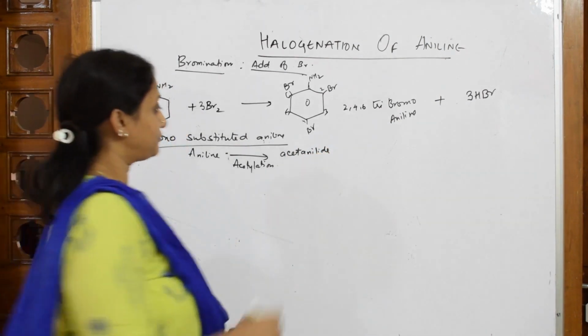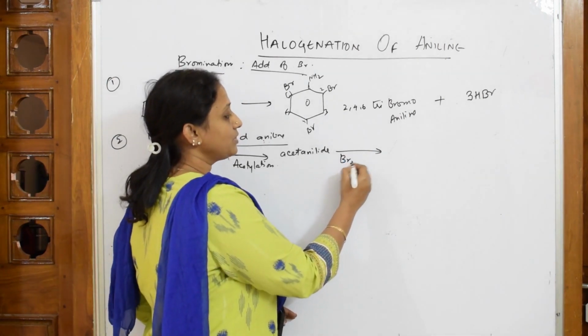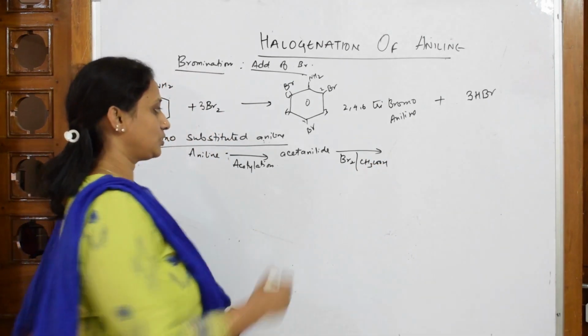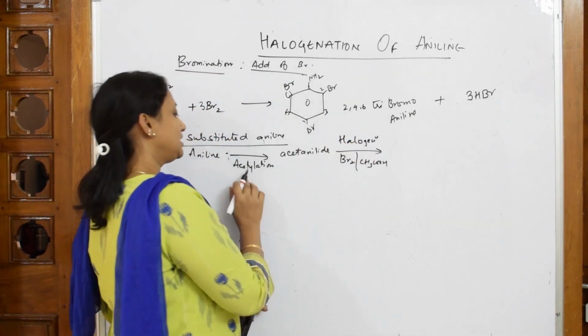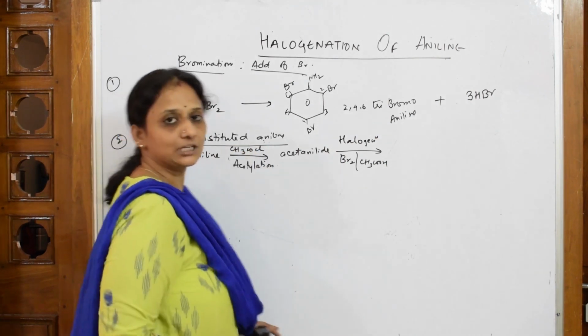This acetanilide, further you are going to allow it to undergo halogenation, that is bromine in the presence of acetic acid. I have to write halogenation here. Acetylation is addition of CH3COCl, the acetyl group.